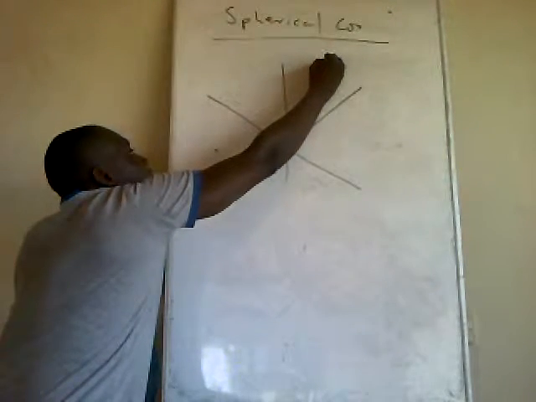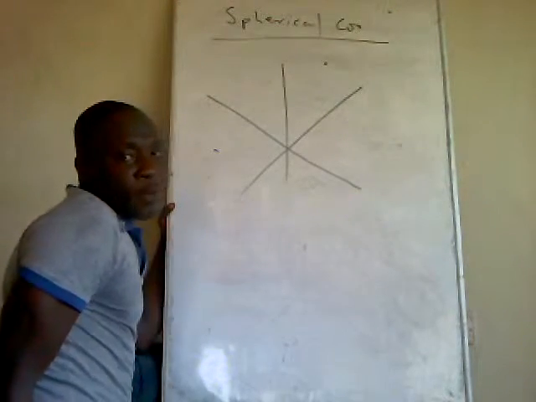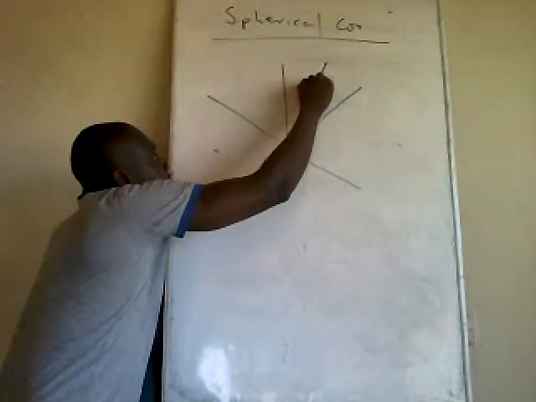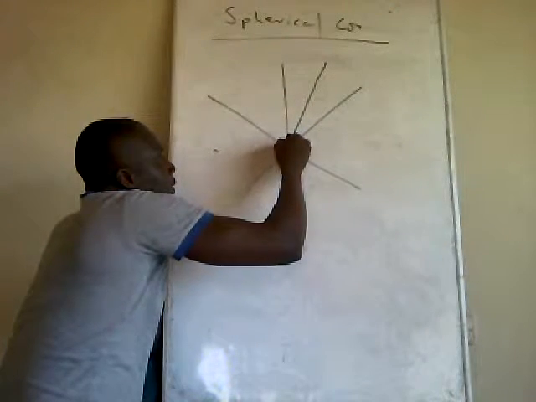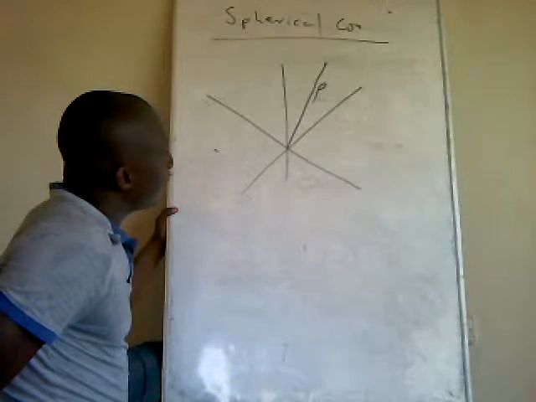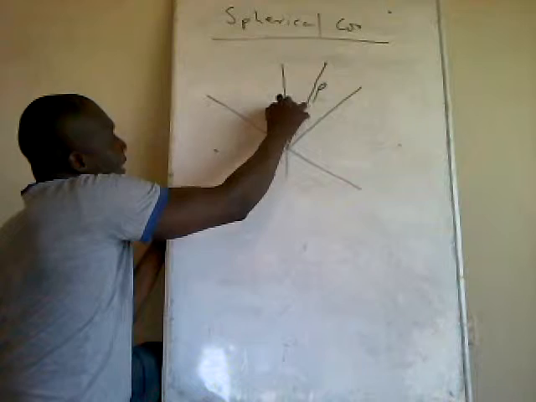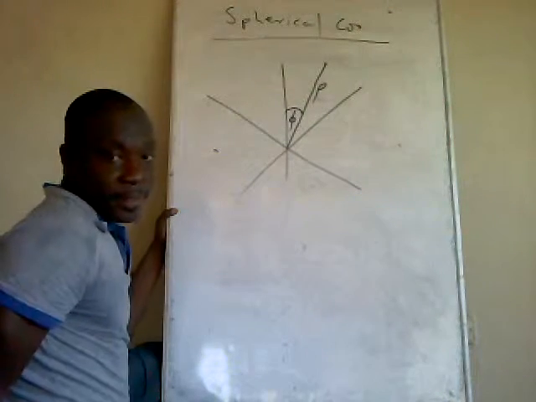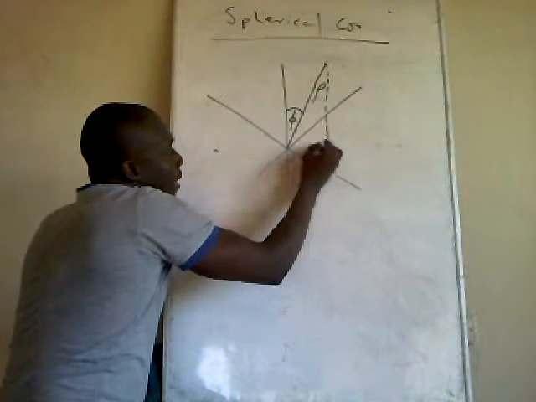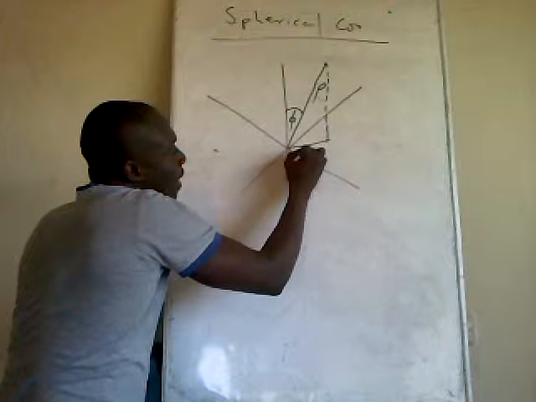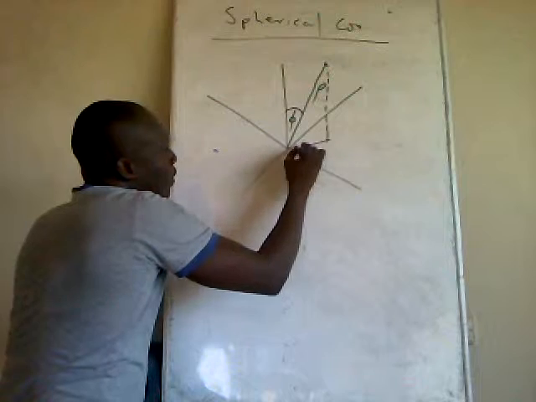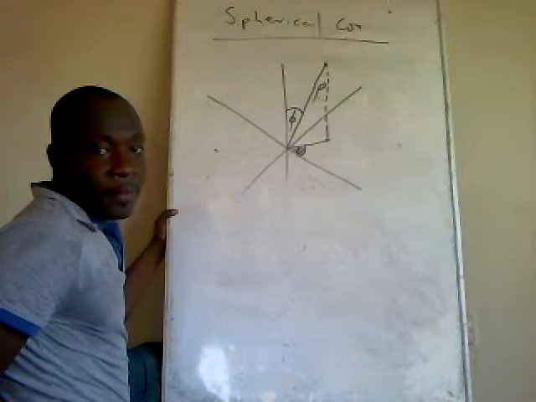If we have a point in space, we want to locate this point as usual. Now let's connect this point to the origin, and let's call the distance rho. Let's call the angle it makes with the z-axis phi. If we project this onto the xy plane and connect it to the origin, let's call the angle here theta.